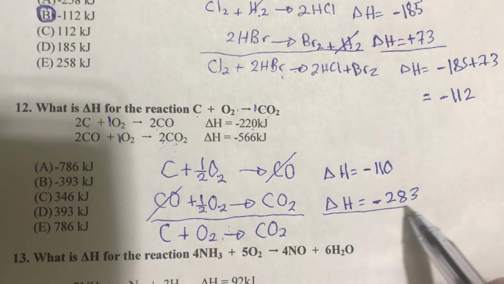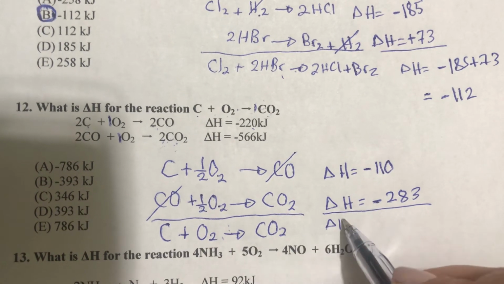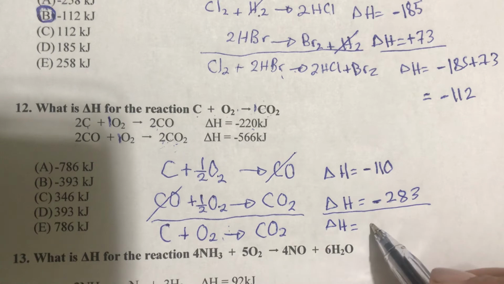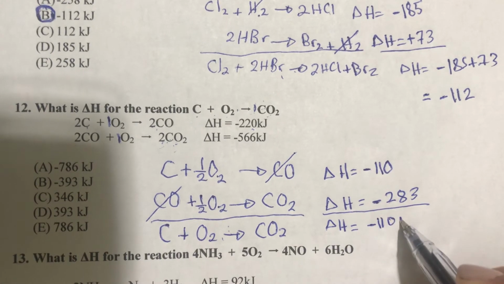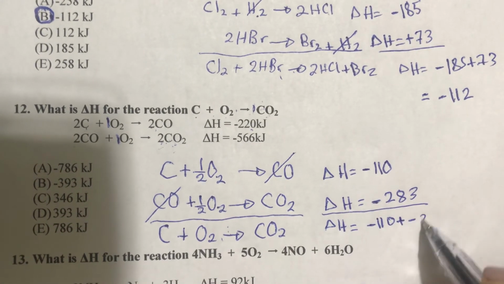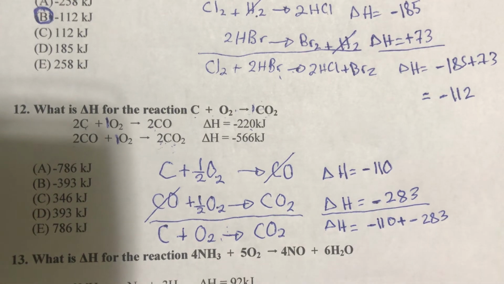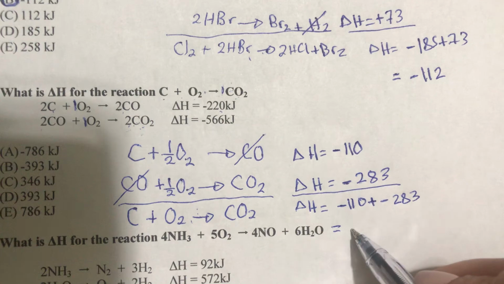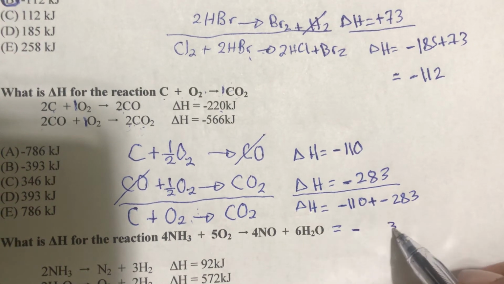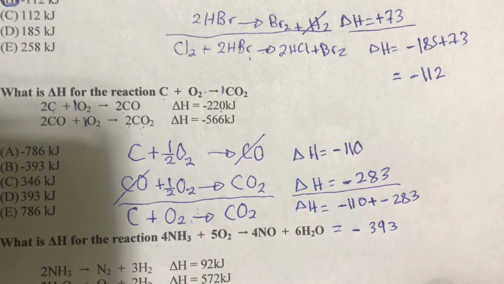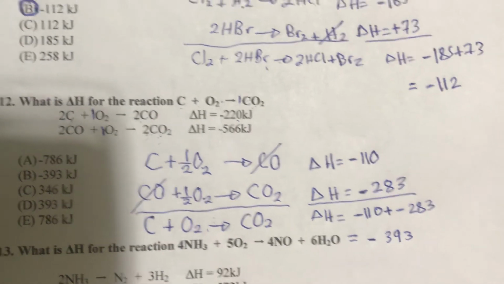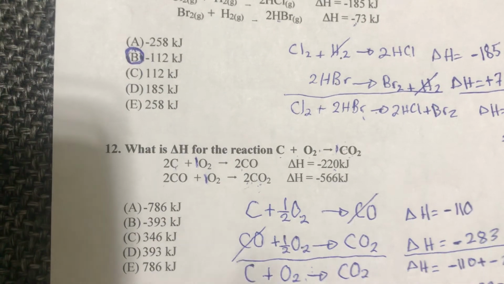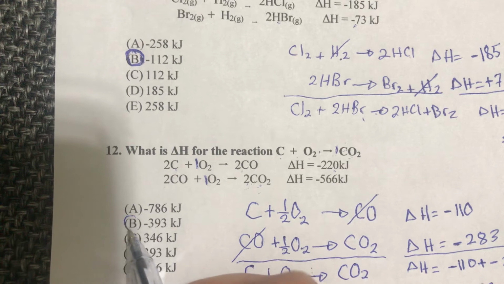So here you have to add. So delta H equal negative 110 plus negative 283, which is equal negative 393. So the answer is B.